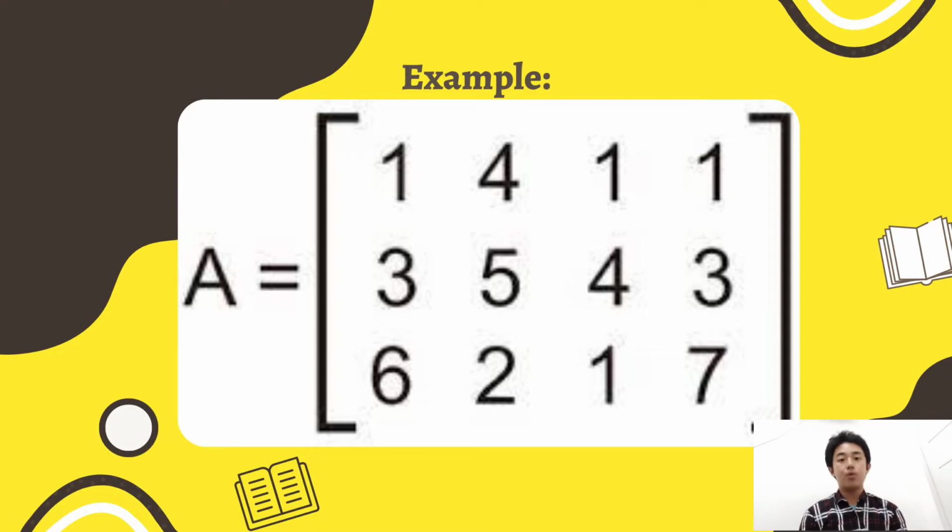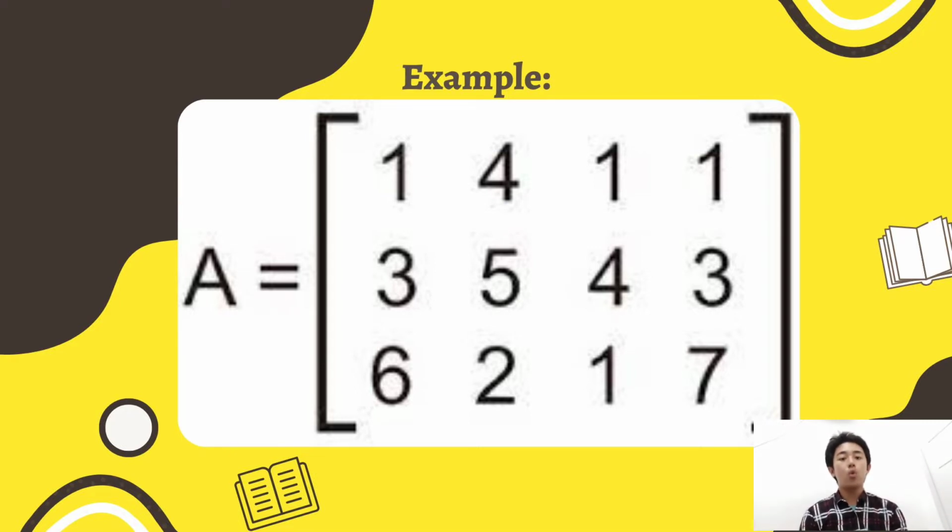Columns are the vertical, upright ones. The first column, counting from the left, is 1, 3, and 6. The second column is 4, 5, and 2. The third column is 1, 4, and 1. The fourth column is 1, 3, and 7.